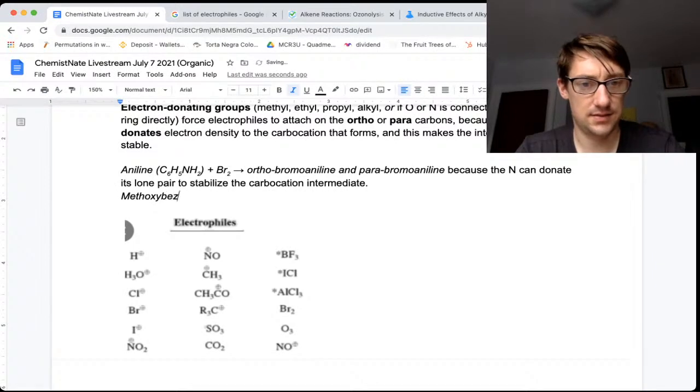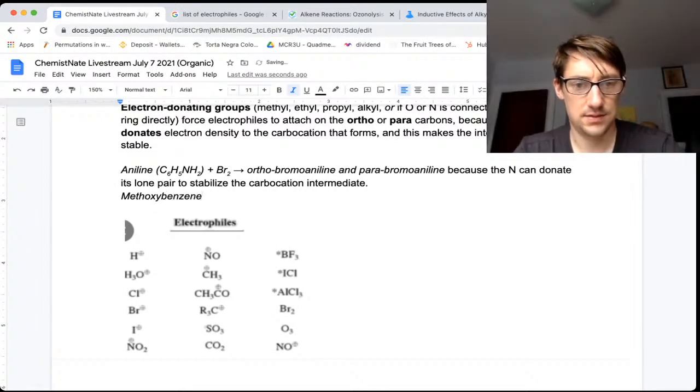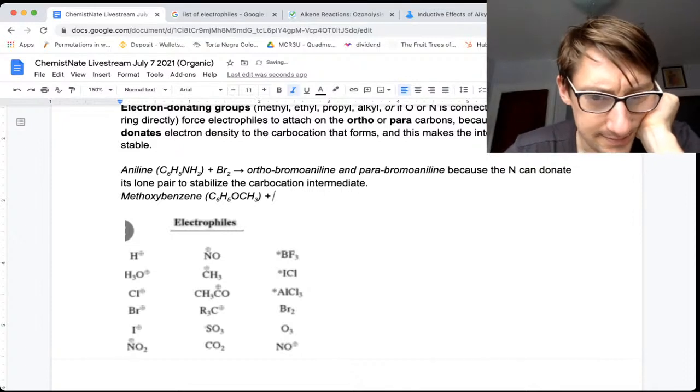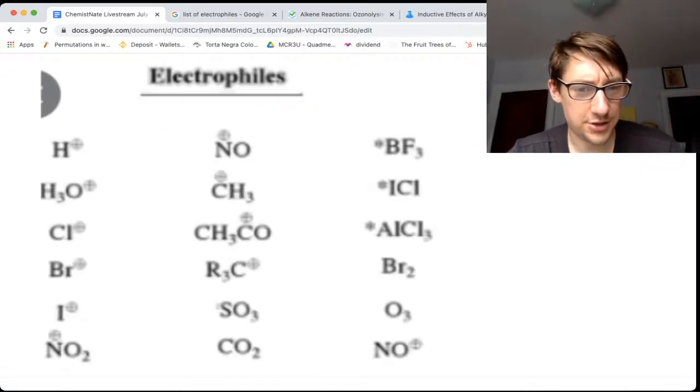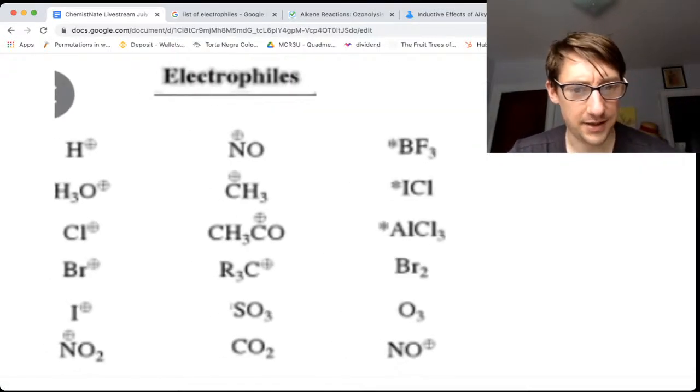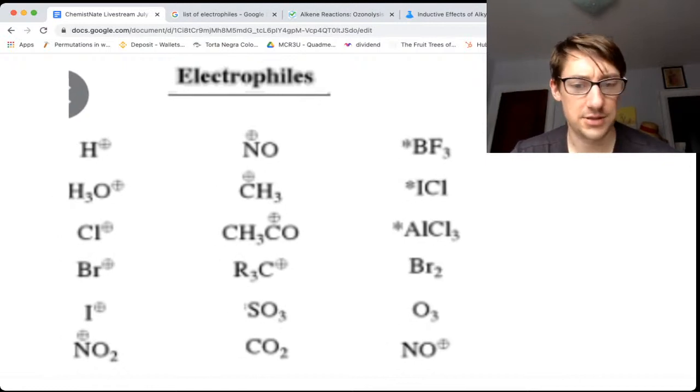Methoxybenzene, C6H5OCH3, plus, I don't know, which of these would actually end up getting used somehow? Is that like tert butyl lithium or something? I don't know.